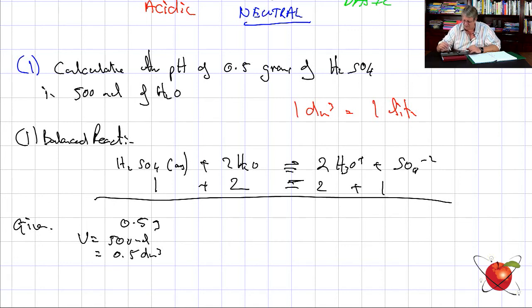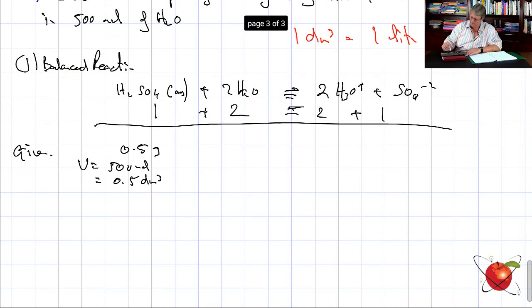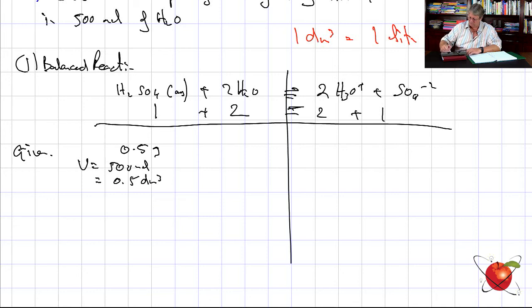Where we're going now is we're going to calculate the pH. pH means the concentration of hydronium ions is what we're after. So I have to get to moles as always. Now I need molecular mass because I need to get to number of moles.